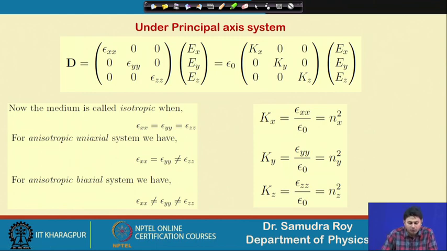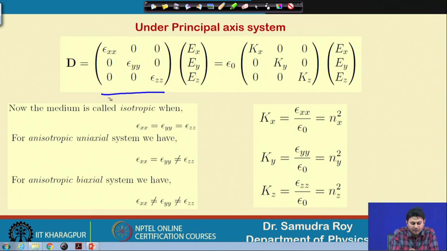Okay, so go back to our anisotropic system. Under the principal axis system, this is our expression of D and E. Epsilon can be represented in terms of n like this also, nx, ny, nz, and if the system is isotropic, we know that epsilon xx, epsilon yy and epsilon zz are the same.